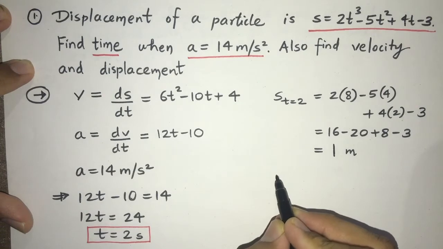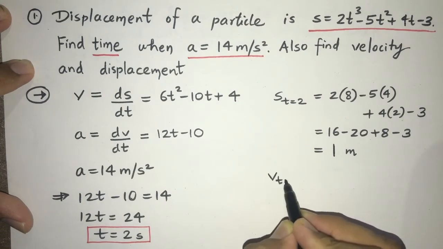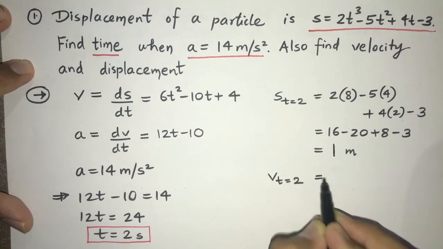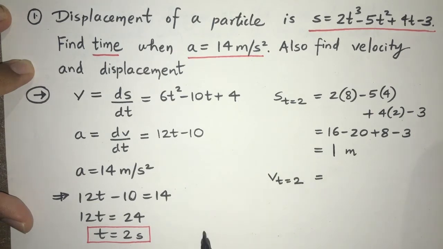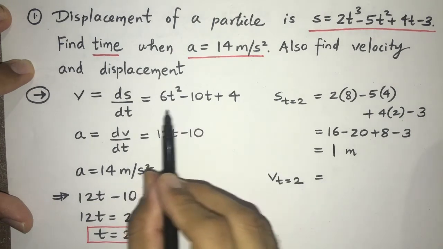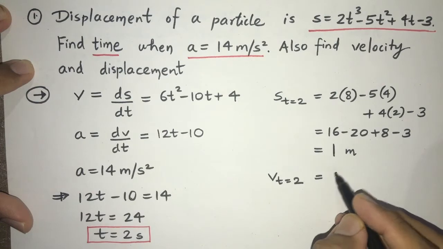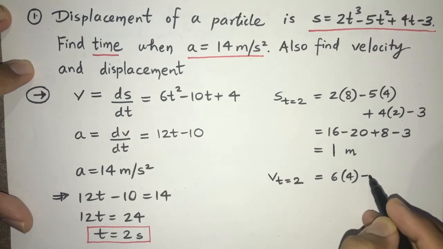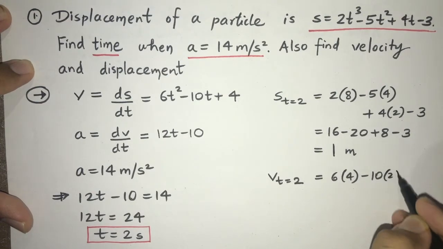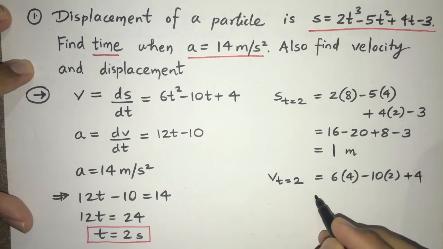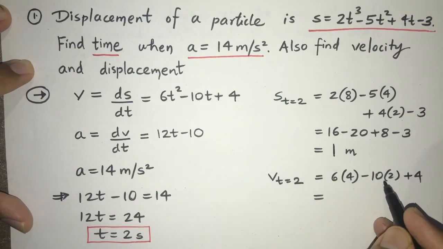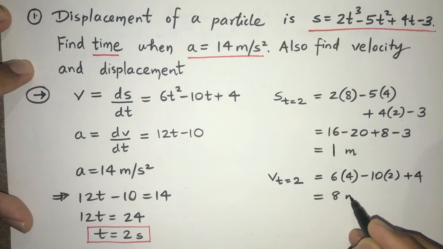And then we need to find the velocity when t is 2 seconds. This is the formula for velocity. We get 6 into 4, that is 24, minus 10 into 2, that is 20, plus 4. So we get 24 minus 20, 4, plus 4, we get 8 meters per second, right?